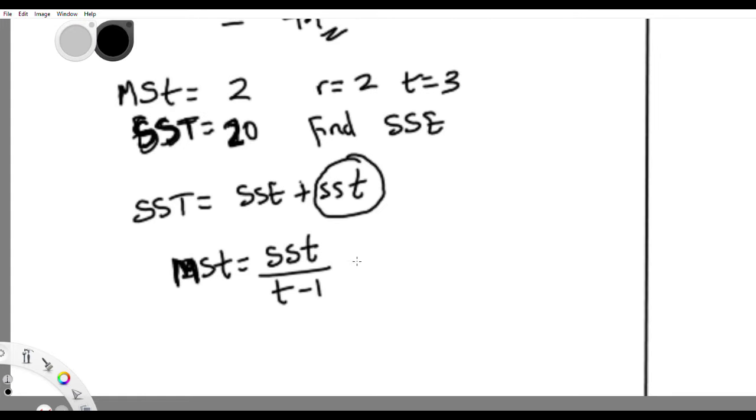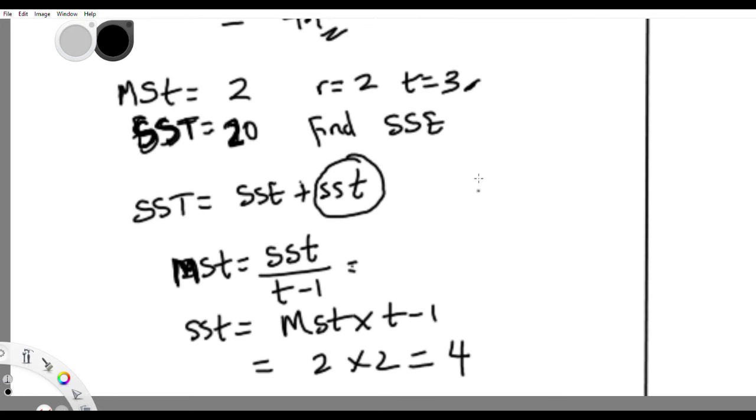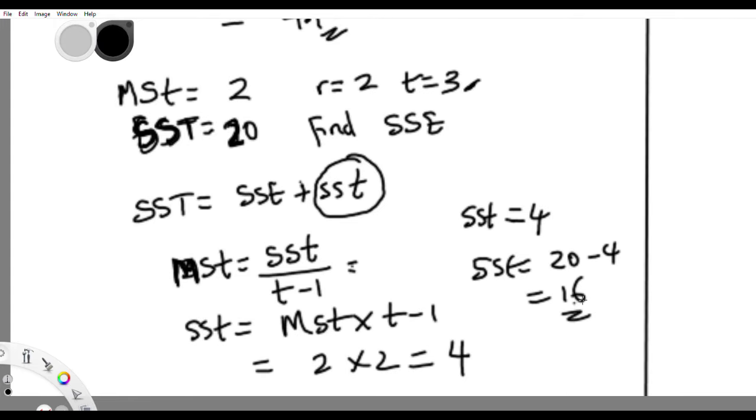So sum of square treatment will be mean square treatment times degree of freedom for treatment. Mean square treatment here is 2, degree of freedom for treatment is also 2, so 2 times 2 is 4. Since we know that the sum of square treatment is 4, the sum of square error will be 20 minus 4, which is 16.